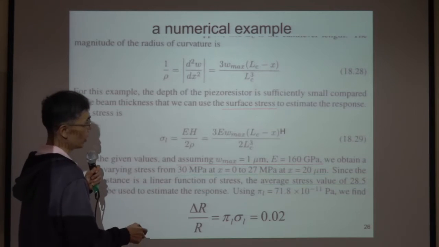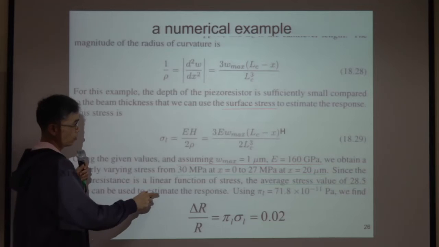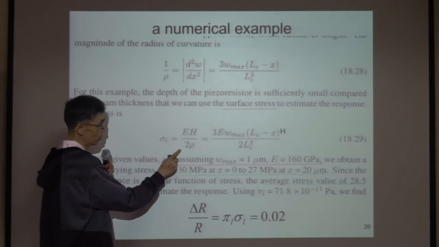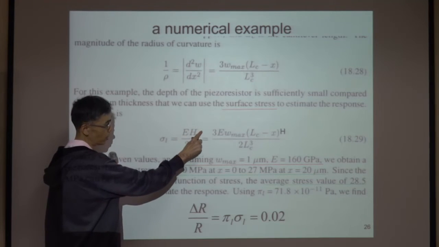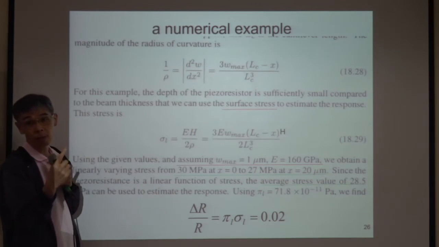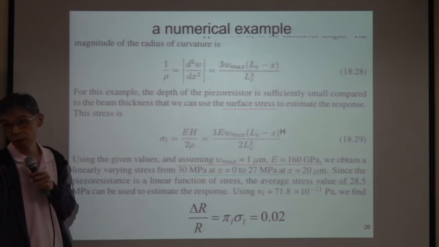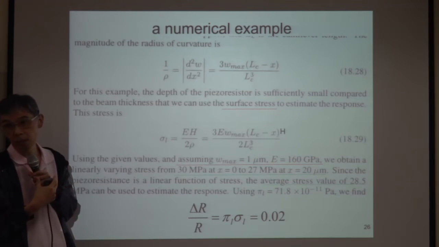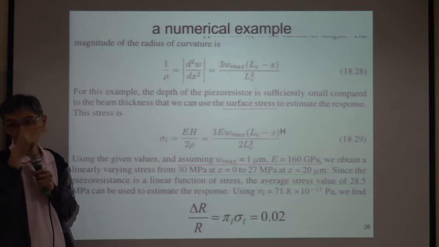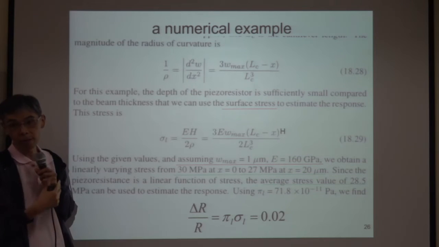Then on the top surface, remember we have sigma L equal to E over rho, times H over 2 minus Z. But at the top surface, what's the value of Z?